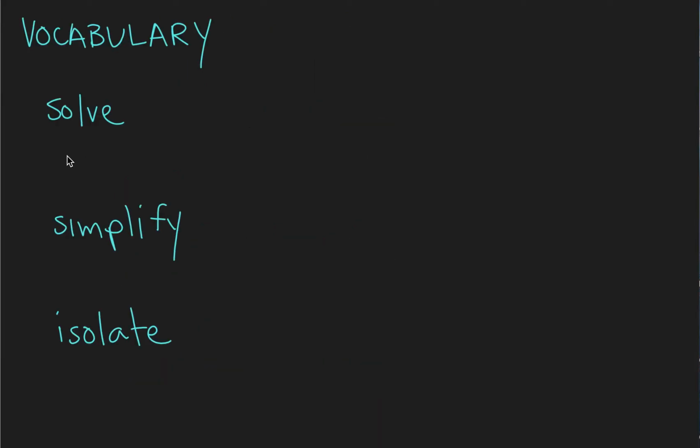We need to know, what does solve mean? You're going to get the directions to solve on a lot of problems. Solve just means that we are going to find the value for the variable that makes a statement true.